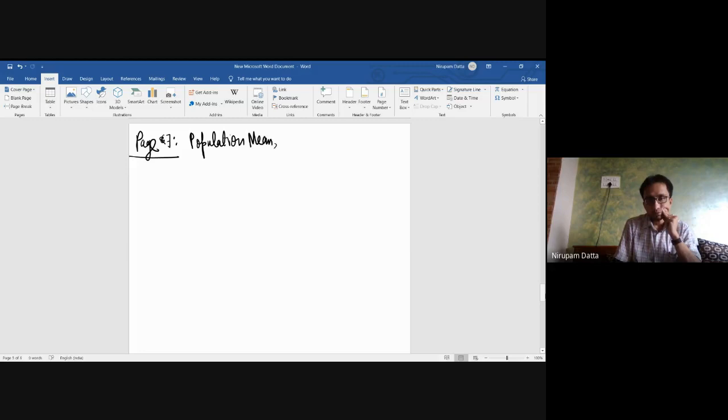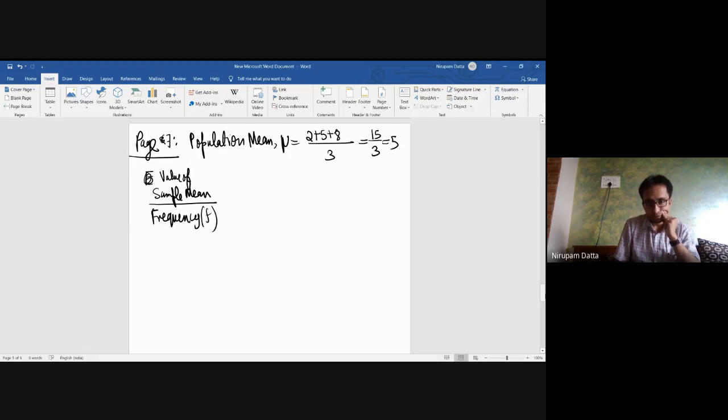Population mean mu will be nothing but the average of these three numbers, that is 2 plus 5 plus 8 divided by 3, which is 15 by 3 equal to 5. Now we'll have to calculate the mean. So we have the value of the sample mean. Then we have got the frequency f. Then we have got their relative frequency or probability.